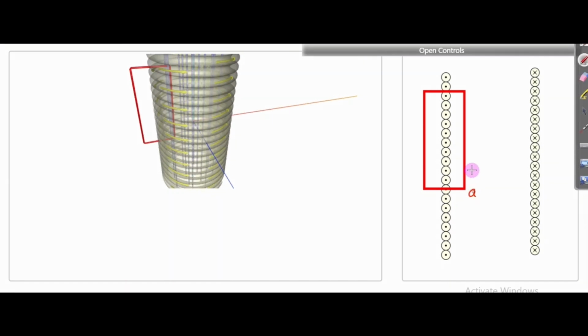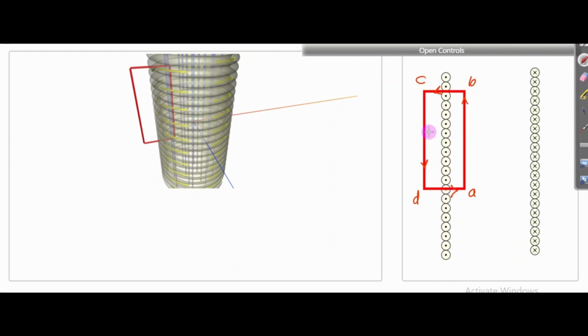This is A, this is B, this is C, and this is D. So here is the length of this Amperian loop, and this is the other length, and this is the other length, and this is the other length.